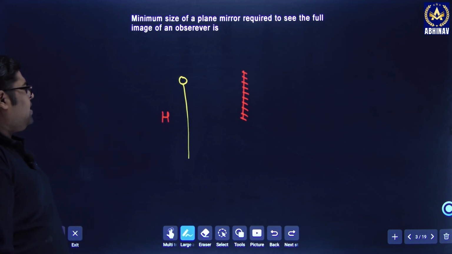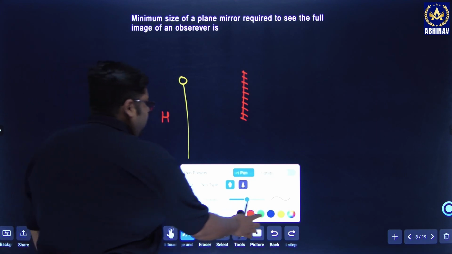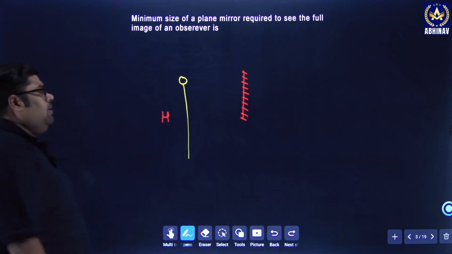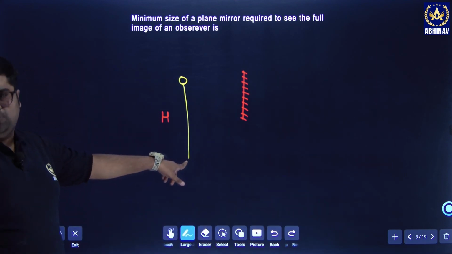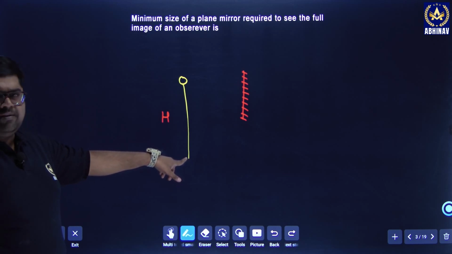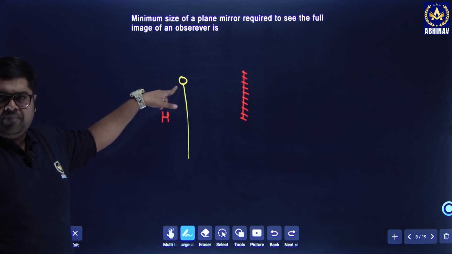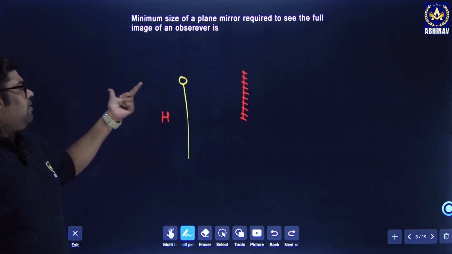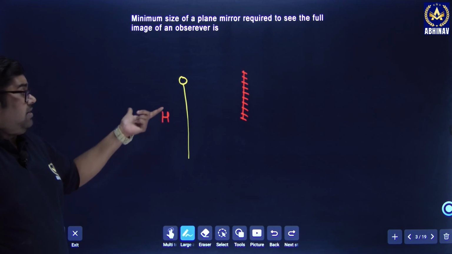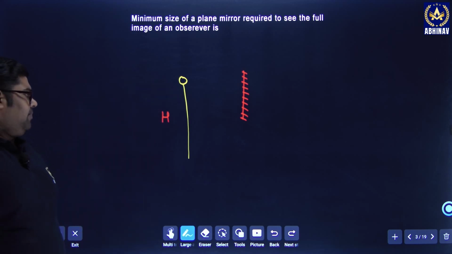So only one condition needs to be satisfied here. See, when the rays of light starting from his toes, starting from his legs, reach his eyes after reflection, then the person can fully see his image in that piece of plane mirror.